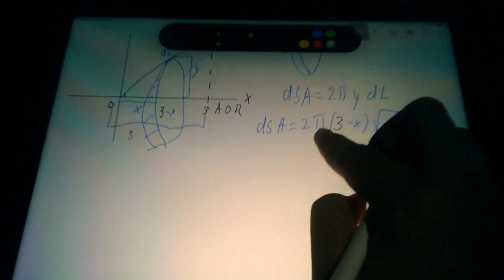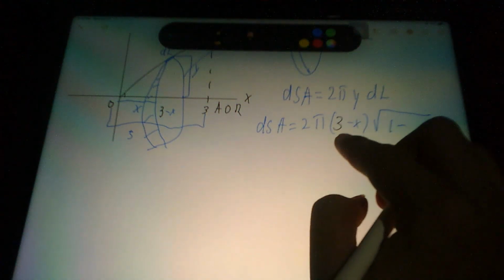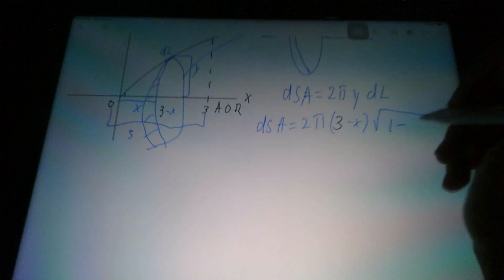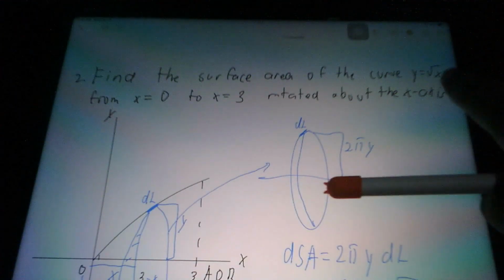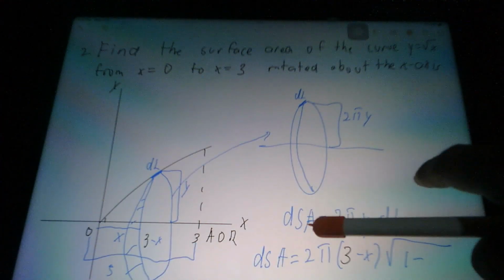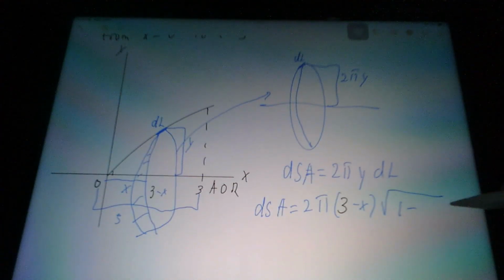Now 2 pi times 3 minus x, square root of 1 minus y prime. Y prime of the square root of x, let me get my notes here. So the y prime of x is just equal to 1 over 2 square root of x.